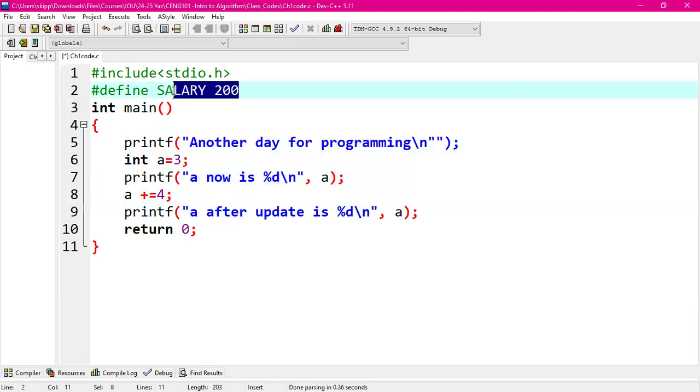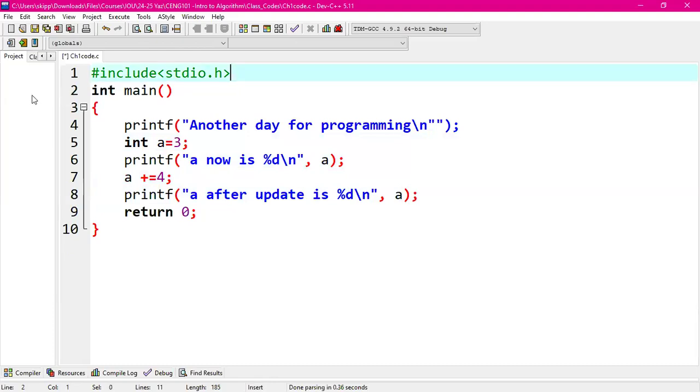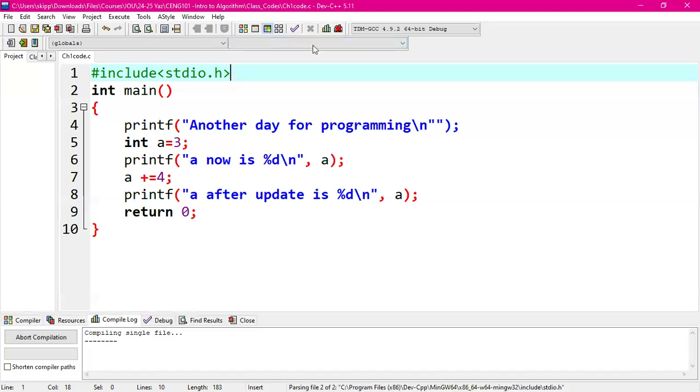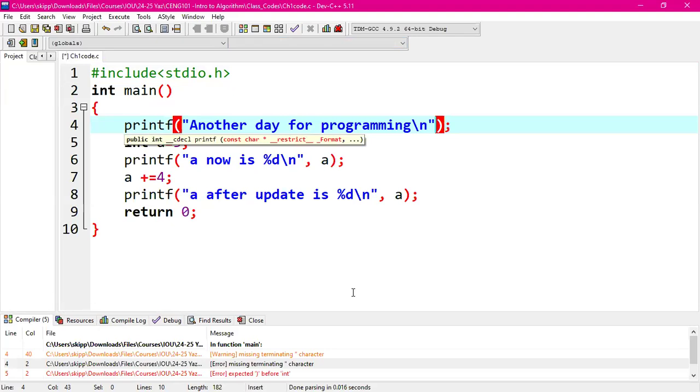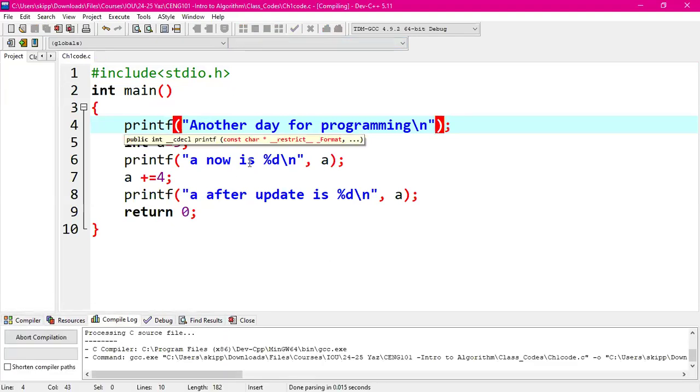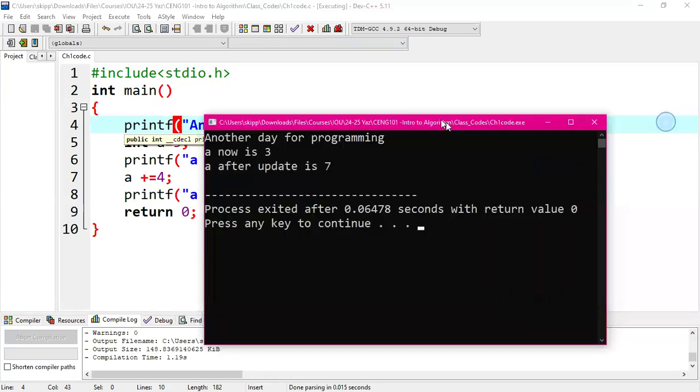All right, let's run our code again. Yes, I think our code works.